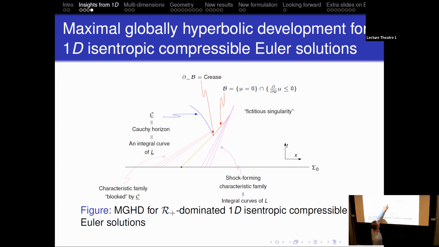And what you see, this dark purple curve, is the Cauchy horizon. This is an integral curve of L bar, the other direction. And it turns out that the solution remains completely regular along the Cauchy horizon.